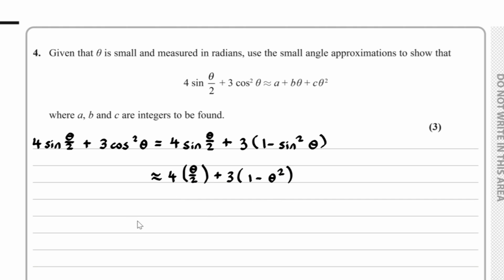And now we need to expand and simplify all of this. 4 times by theta over 2 is 2 theta. We then add on 3 and then subtract 3 theta squared.